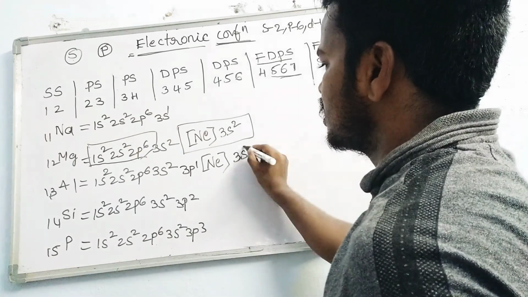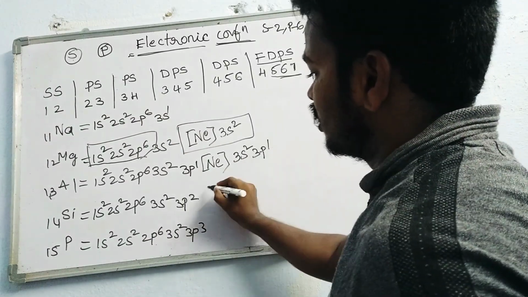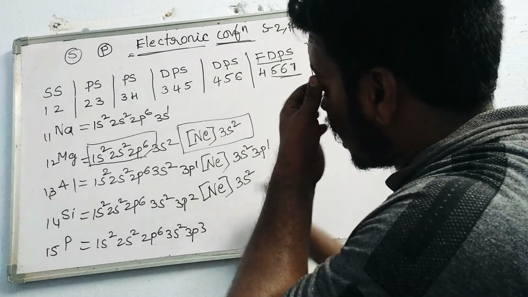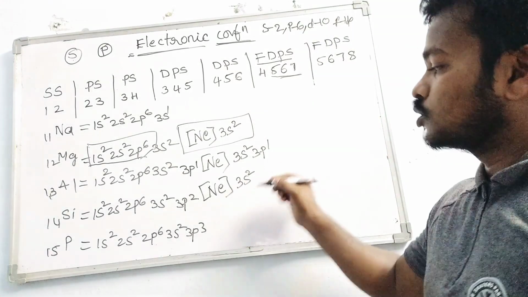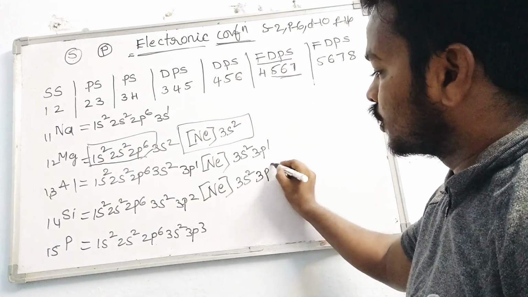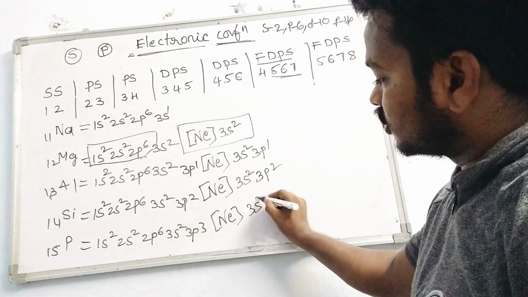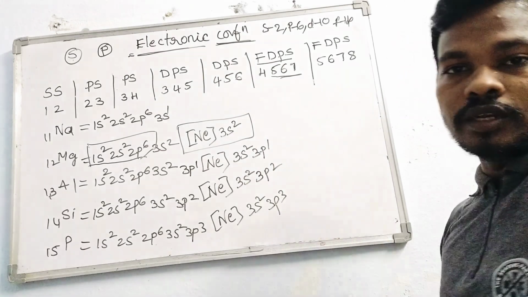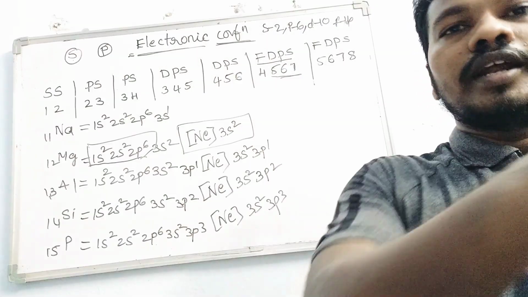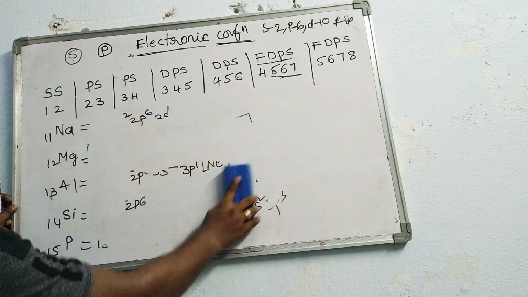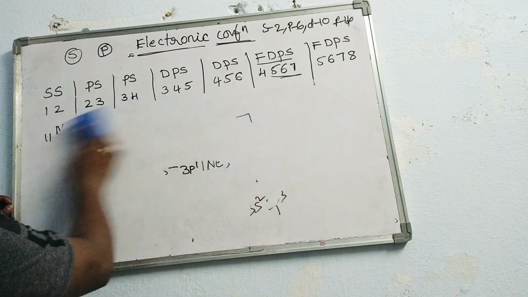You can write 3s2, 3p1. We have to write the inert gases only. You have to substitute like this: neon 3s2, 3p2, and neon 3s2, 3p3. So this is the way of writing the electronic configuration.